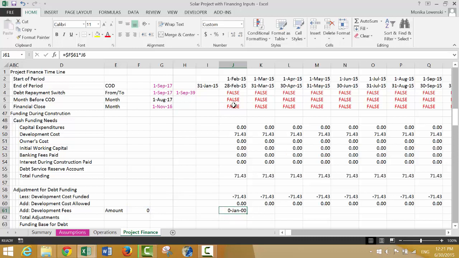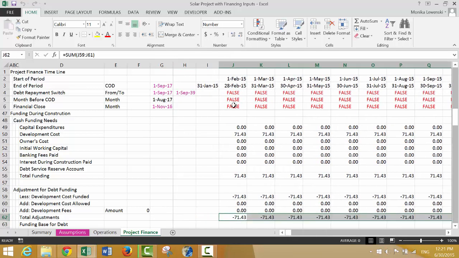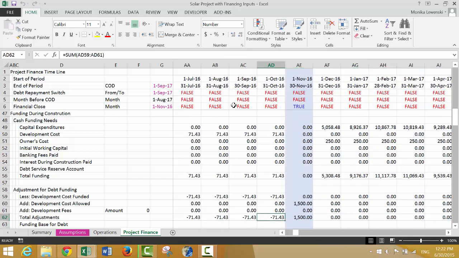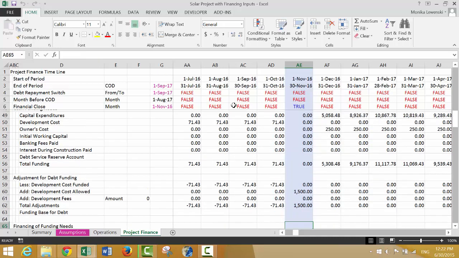This is an argument for using the switches, and now we can make our total adjustments. Alt equal, Shift Control R. So that's the amount we take out of it, and then the amount we add.